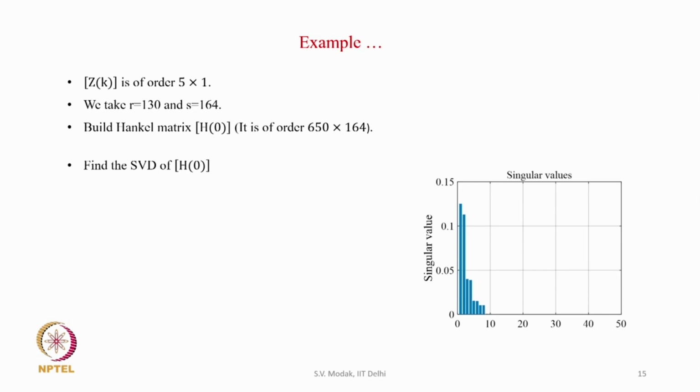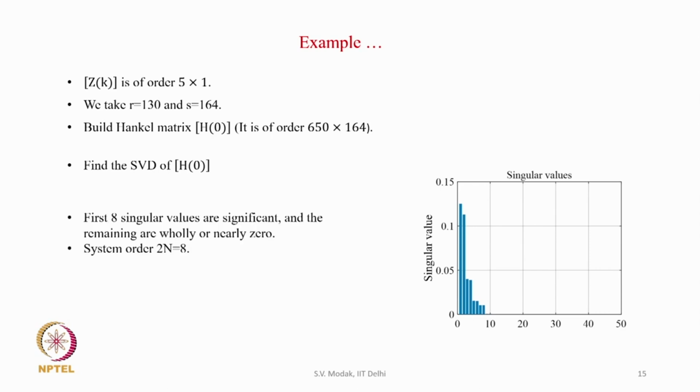What we observe is that the first 8 singular values are significant, non-zero, and after that the singular values are either 0 or nearly 0. So, there are only 8 significant singular values. The rest we drop and we retain only these 8. Therefore, the system order is 2n equal to 8, so there are 4 physical modes.